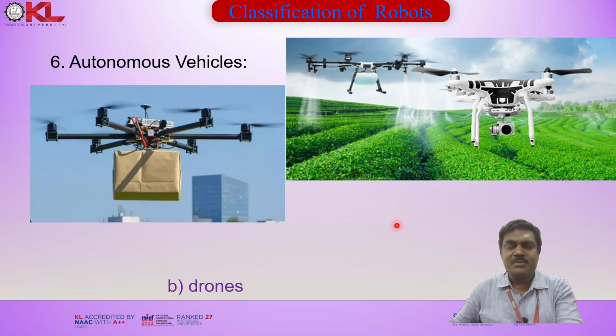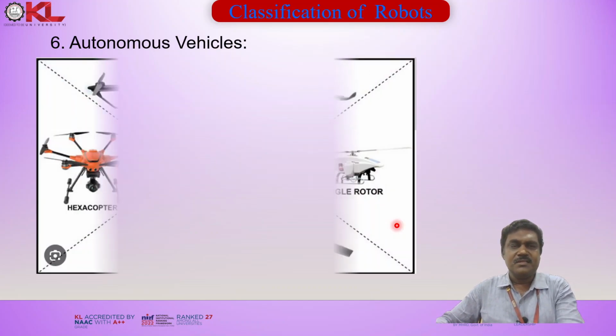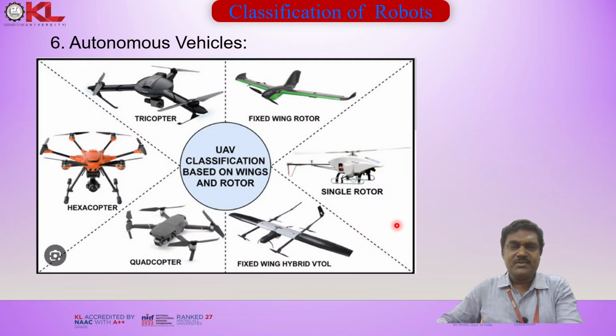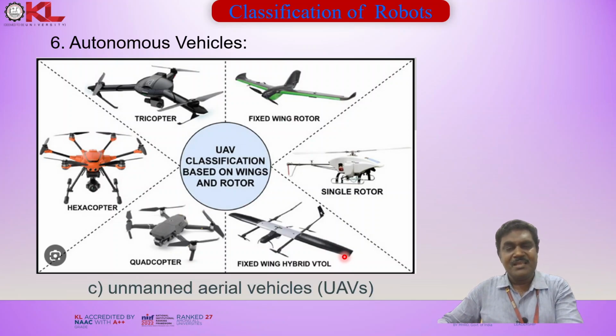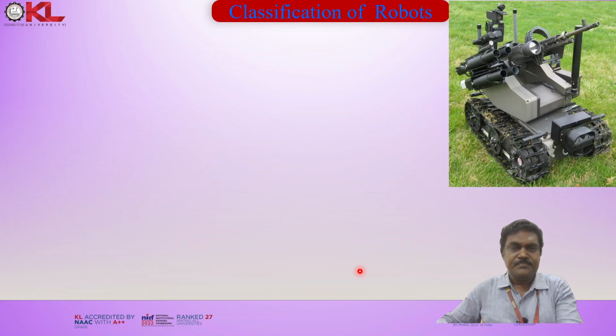In an emergency, if you want to move small items to remote agencies or forests where vehicles are not movable, it is most suitable to use a drone. That is autonomous vehicles. You can see the different classifications of autonomous vehicles based on the wing and the rotor. Unmanned aerial vehicles are also used for this purpose.